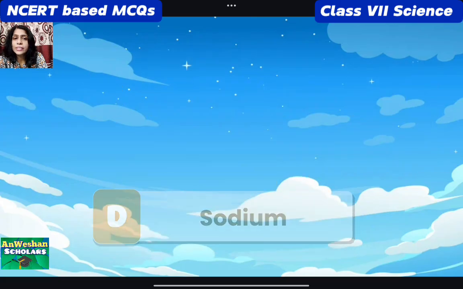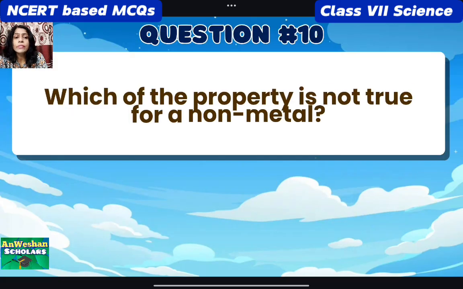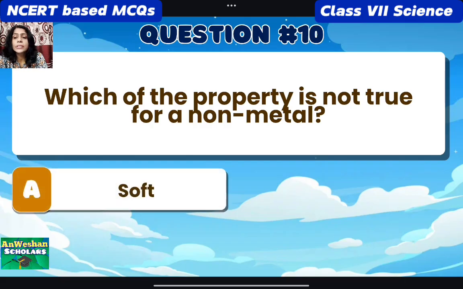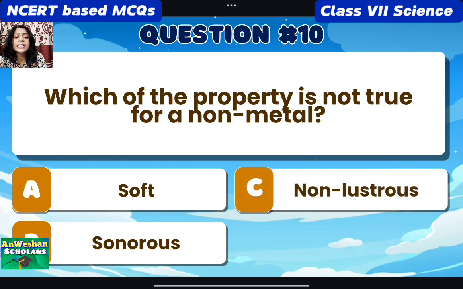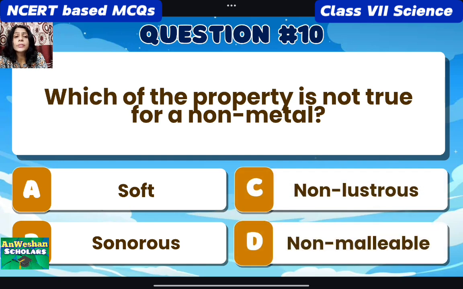Now moving on to the next question. Which of the properties is not true for a non-metal? Option A, soft. Option B, sonorous. Option C, non-lustrous. Option D, non-malleable. So if it is a non-metal, it is generally soft. It is generally non-lustrous, that is dull.